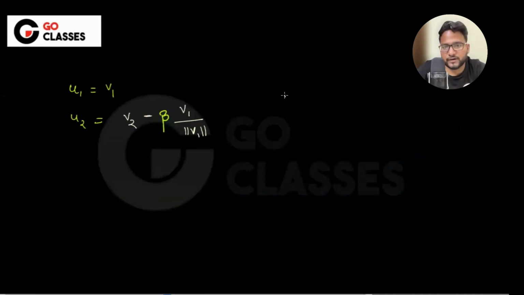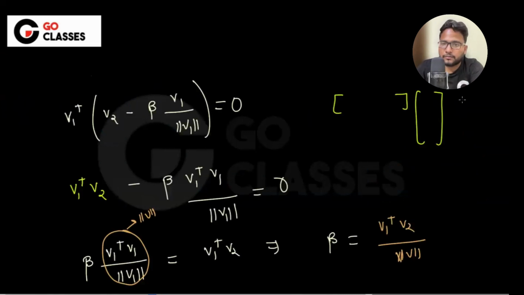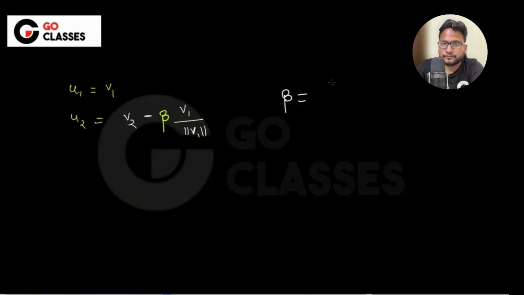See, this beta is finally coming out to be, let me just write it, B1 transpose B2 over the norm of B squared. If it seems scary, don't worry. It will become very habitual after practice.